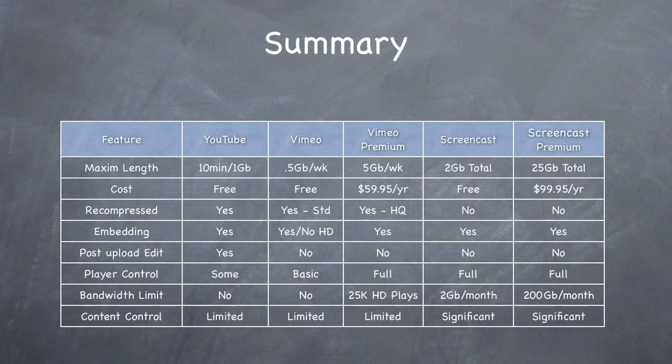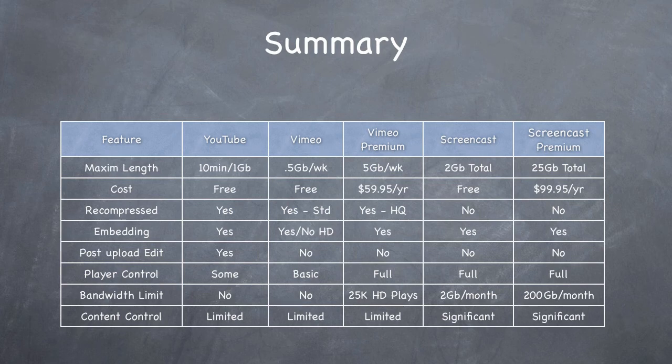So really, to summarize, I made a chart here, and if you look, I've got the different versions going across. I've got YouTube, Vimeo, Vimeo Premium, Screencast, and Screencast Premium. And really, if you're going to make a video that's 10 minutes or less, it's pretty tough to beat YouTube. The quality is pretty good. It's better than the non-premium version of Vimeo if it's HD.